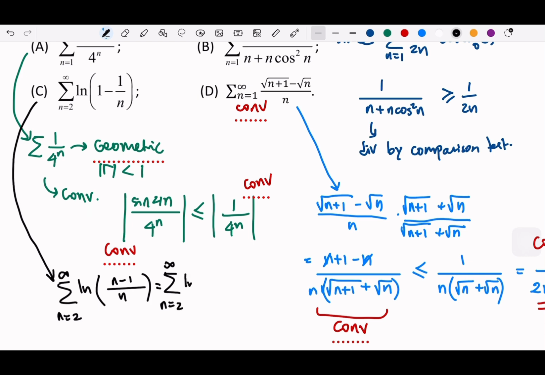We can rewrite as ln of n minus 1 minus ln n. Which if you take a few terms from n equal to, we are going to start with ln 1 minus ln 2.